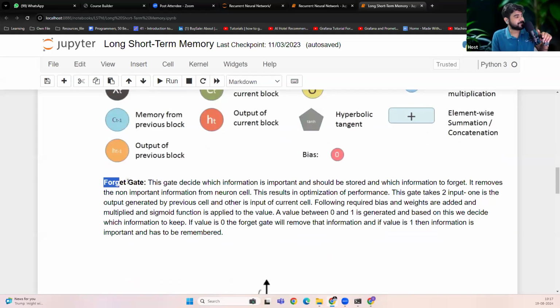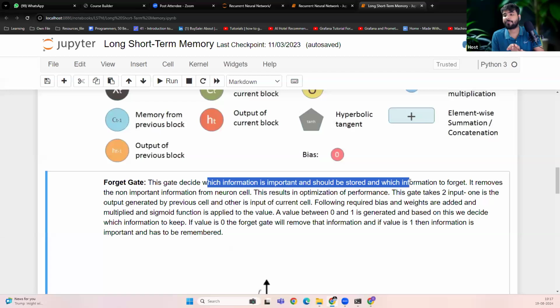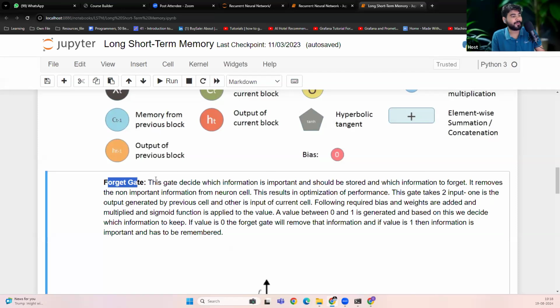The forget gate decides which information is important. As I mentioned, it will help us forget the unimportant information. This gate decides which information is important and should be stored, and which information to forget. So unimportant information we can easily forget with the help of the forget gate.